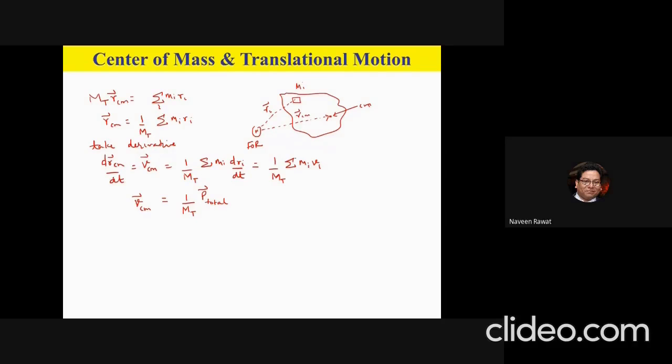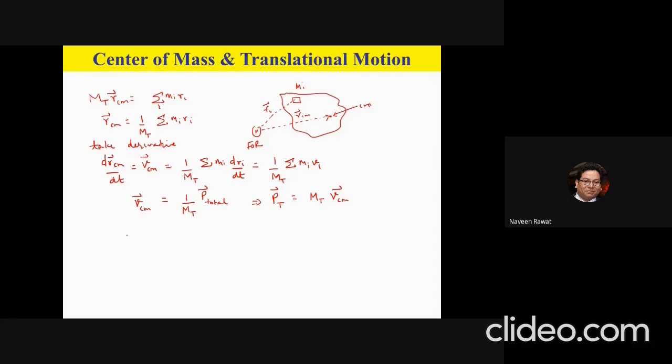This is very interesting because now we are getting a relationship of how the total momentum of the system behaves in terms of the velocity of the center of mass. So we can rewrite this and say the total momentum is the total mass times the velocity of the center of mass.